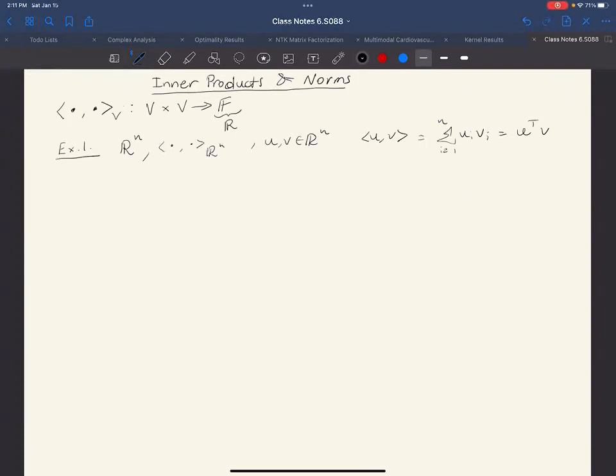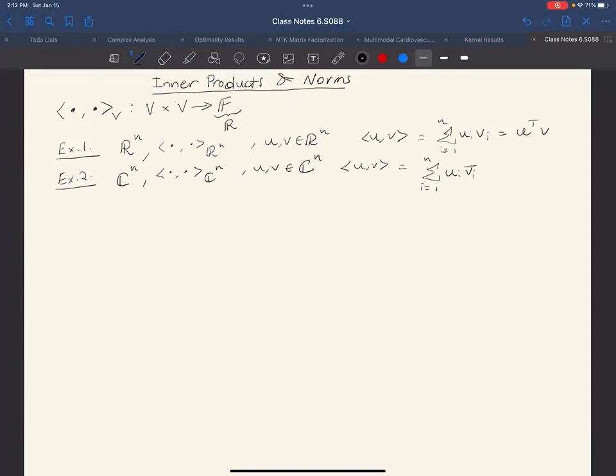Maybe one example, which is a little bit more non-trivial, is what happens when you have a complex valued vector space. And you have the complex inner product. So if u, v belongs to a complex vector space, it's again summation i equals 1 to n of ui, but now instead of vi, vi is now a complex number.